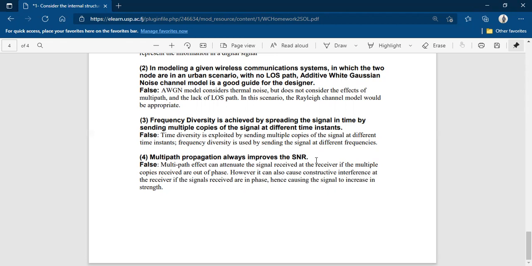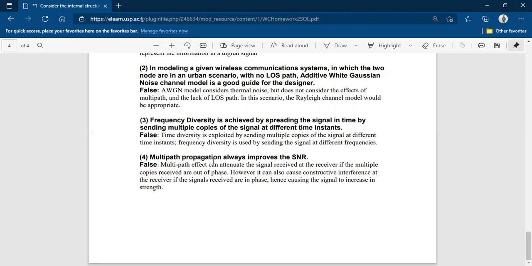So by the time it reaches the receiver, if the signal is out of phase, it will cancel itself off, isn't it? It will cause a destructive signal at that particular point, isn't it? Or if both the signals are in phase, it will cause a constructive interference, isn't it? So in both cases, multipath propagation does not always improve the SNR, right?